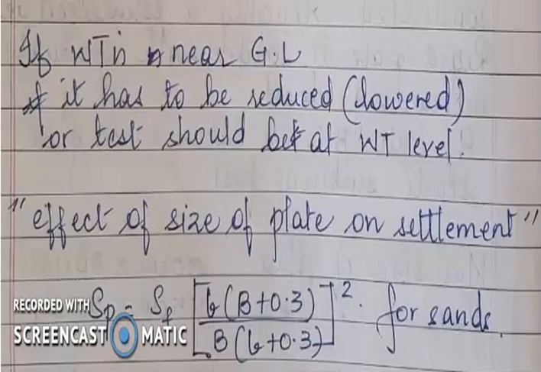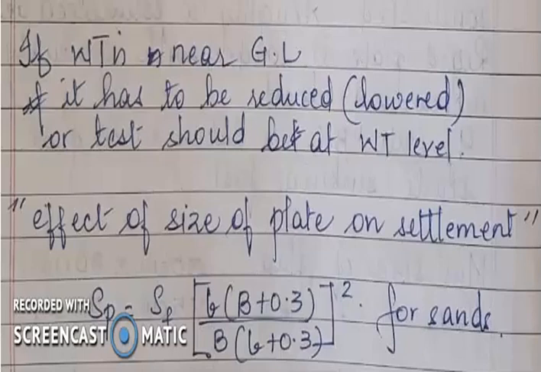Since this test is very rapid and based on settlements, the data cannot be directly related to clays. So even if your water table is around 1 meter or 1.5 meter, it is most advisable to bring it down to the foundation level and carry out the test.